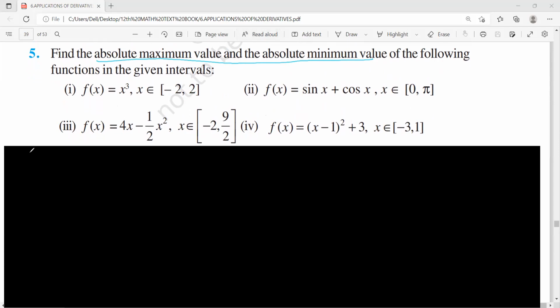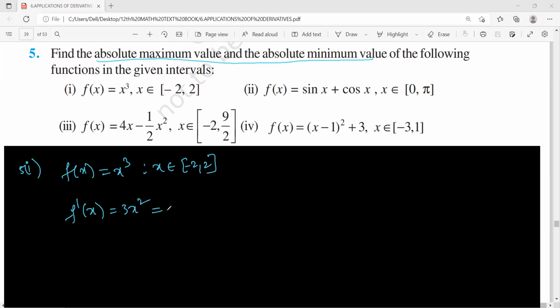First question. f of x equal to x cubed, where x belongs to minus 2 to 2. How do you do this? In detail we'll have to discuss this. f dash of x is 3x square. You first equate to 0.